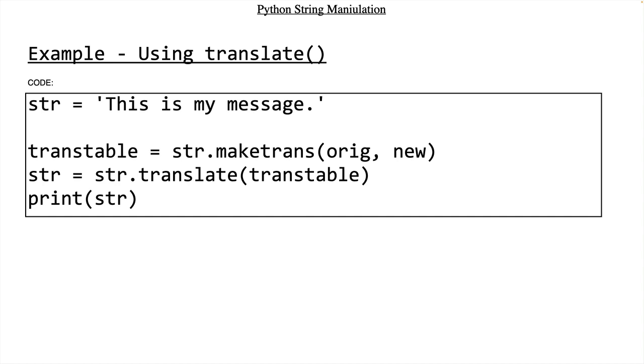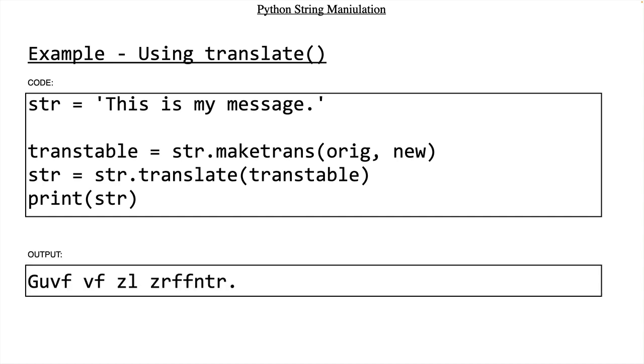I'm going to then use that translation table on my string, and then I'm going to print the result of the string, which comes out to be this. Now, people these days are not familiar with the process that I have implemented here in this example, but every now and then in class, if I ask a student, they will come up with one of two terms that is correct.